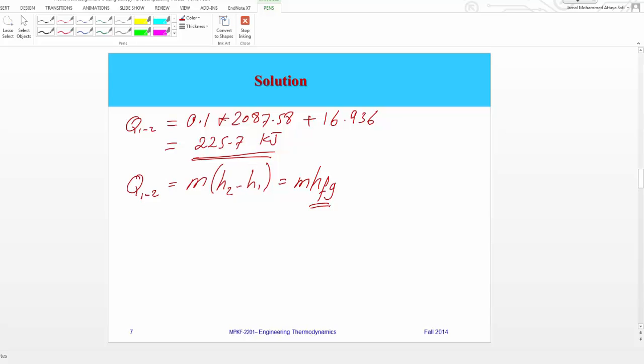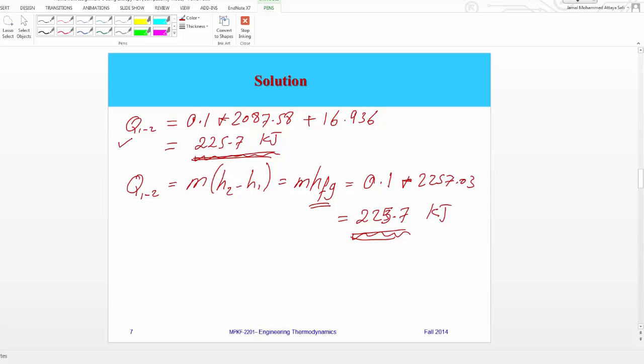You have also learned it before, and that's going to give you 0.1 multiplied by 2257.03, and that's going to give you 225.7, exactly the same number as here. It's very interesting. It's very clear now. You see how we can calculate Q.